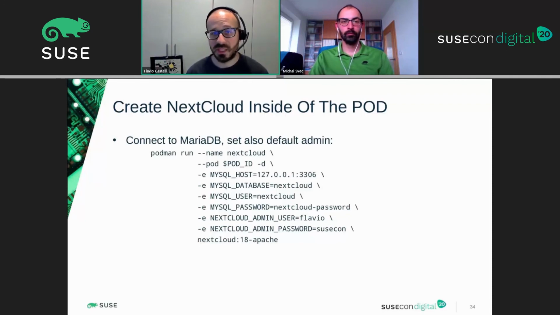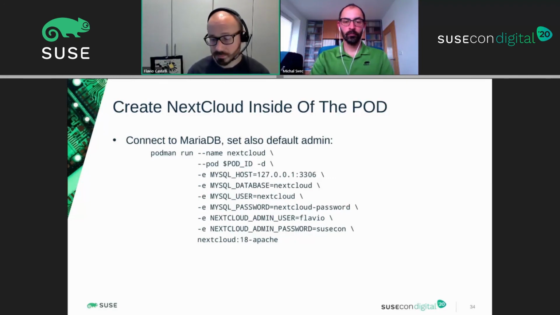By doing that, they are sharing the same network namespace, which means that the network stack of the two containers is the very same one, and localhost is the same on the two different containers. Hence, localhost for Nextcloud is the same as for MariaDB, and so MariaDB is reachable by Nextcloud in an easy way.